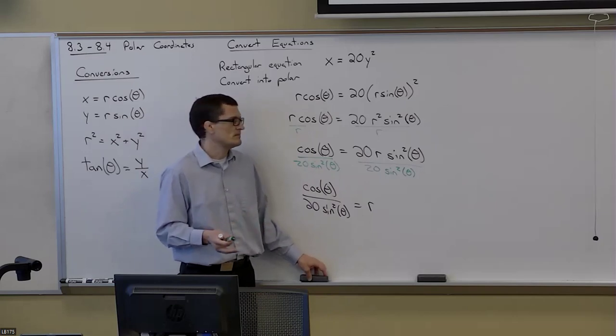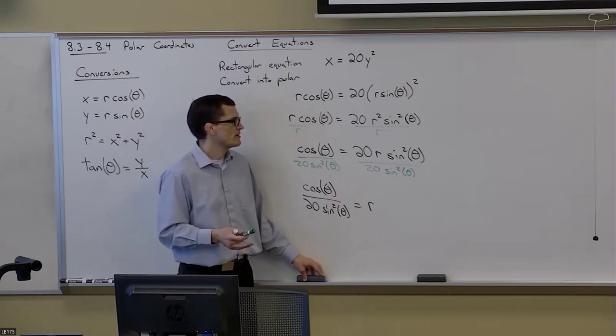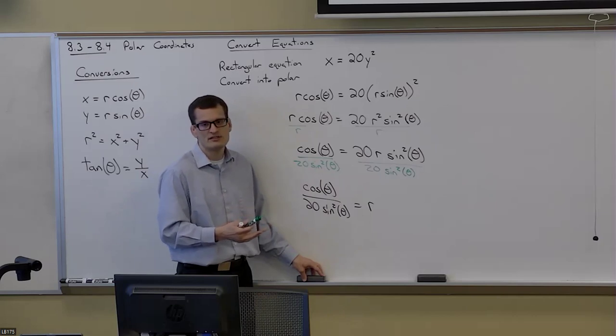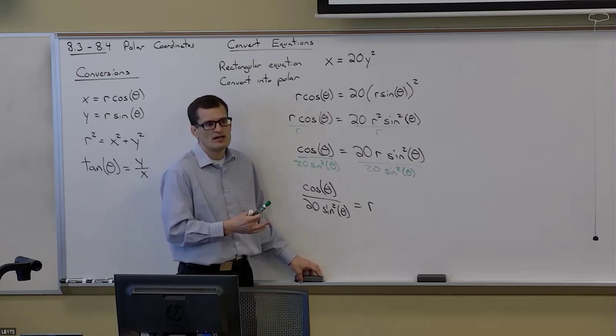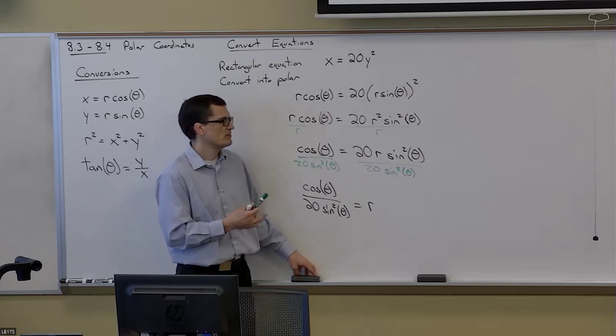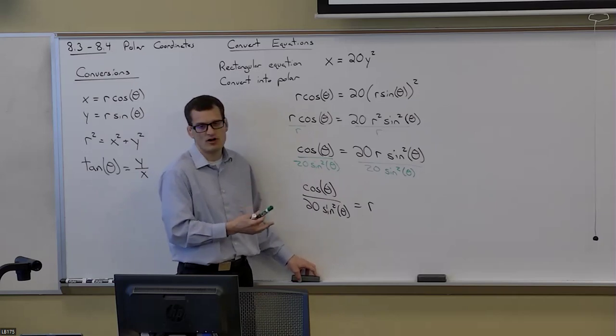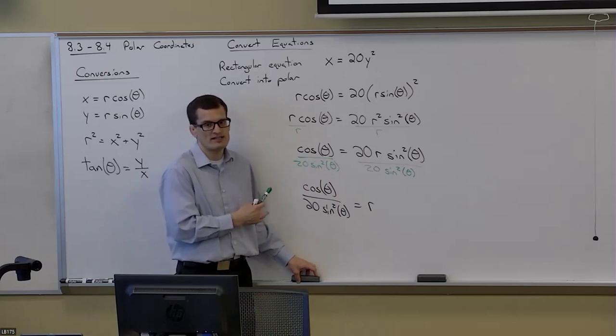By the way, some equations in polar are not easy to solve for r. So it's sometimes impossible to solve for r in polar, just like sometimes if you're solving for y in rectangular, it's impossible or near impossible.